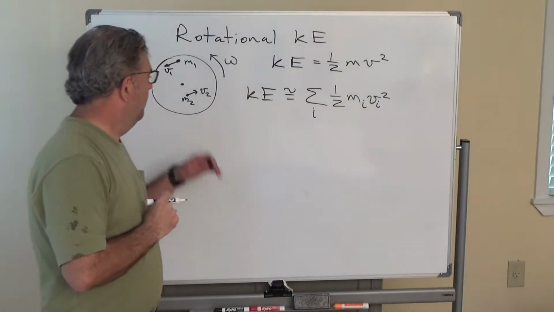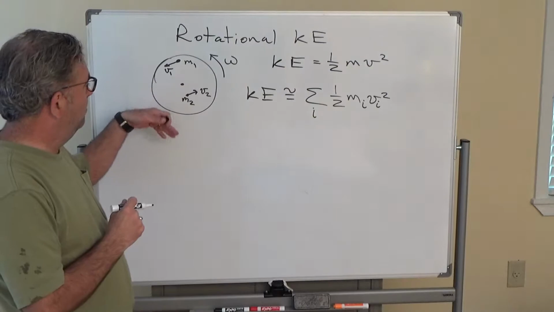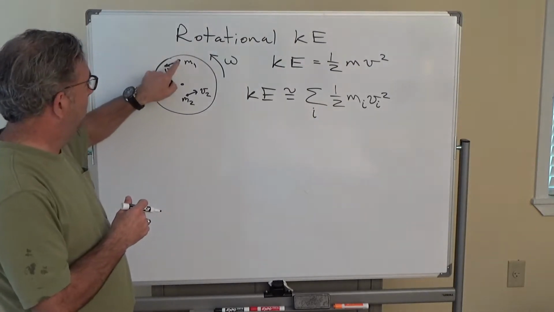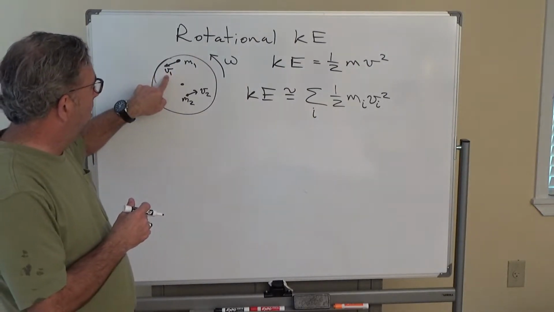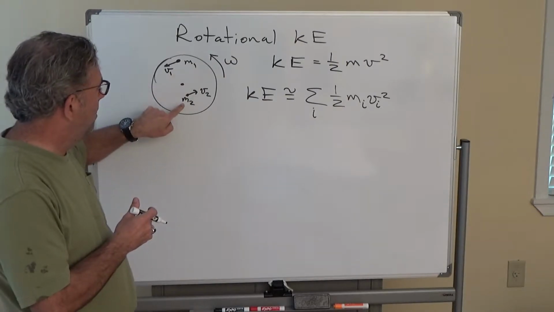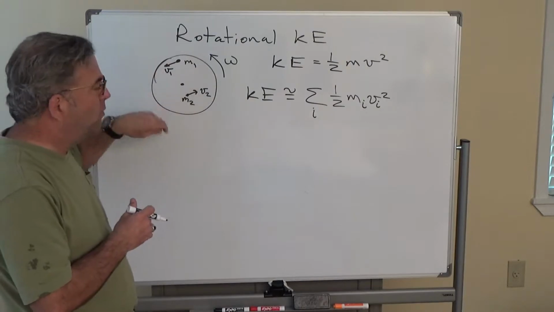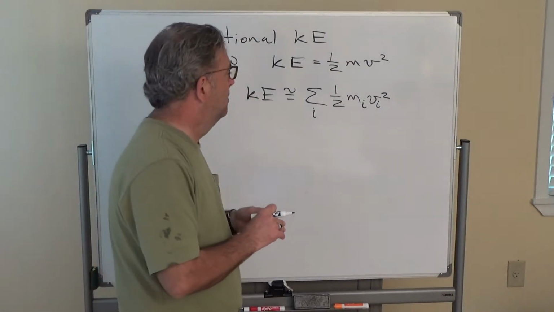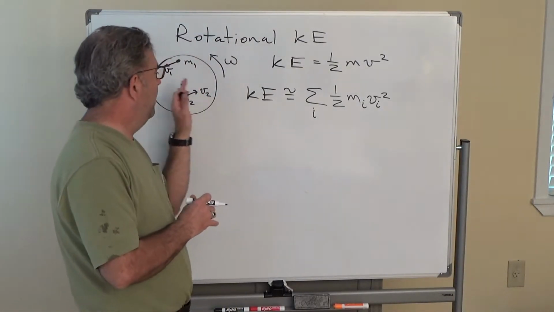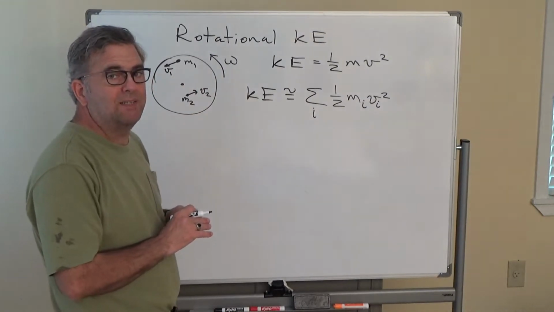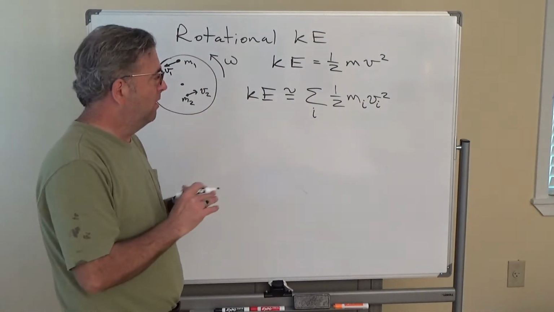Right? In this case, the way I've done it, that would be 1/2 m1 v1 squared, 1/2 m2 v2 squared, and I sum over all those little bits. Okay? So imagine breaking this up into little bitty bits and all their little velocities.